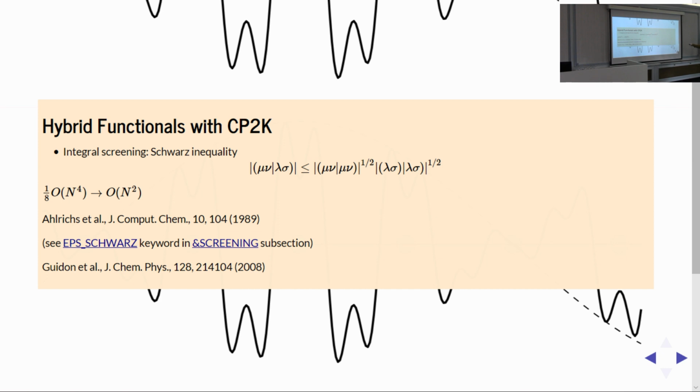So if you calculate these two and they're both small, you know all of these guys are going to be even smaller, and you can throw a whole bunch of those away.